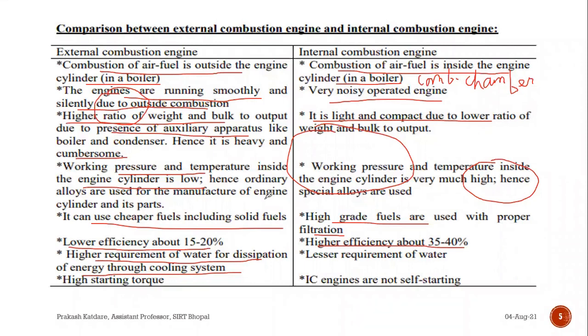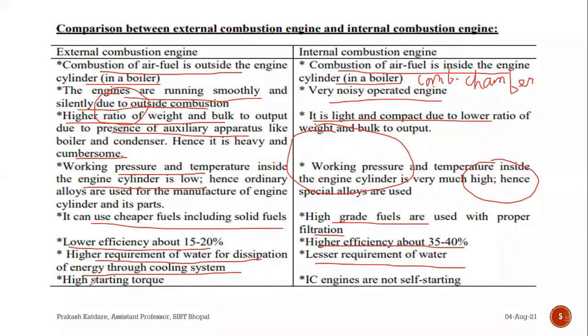We are generating steam. This steam is transferred to a steam turbine, and the turbine is rotated and energy is generated there. But to cool this steam and utilize it again, you need a proper cooling system, which requires a high quantity of water. But there is no such requirement in case of an IC engine. In an IC engine, the quantity of water is very low. Nowadays we are using proper coolant. We are not using water, we are using coolant there.